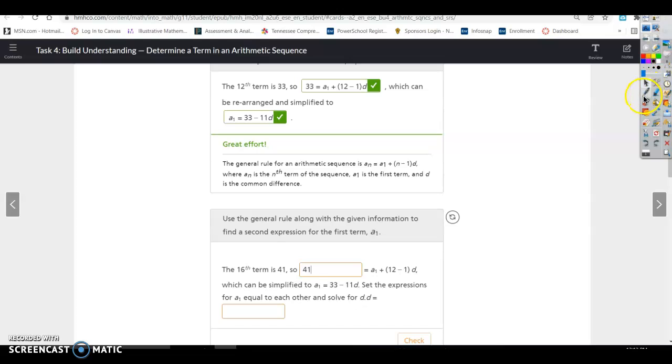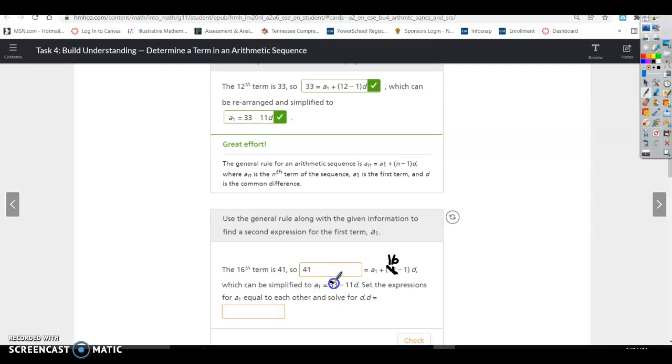equals the first term plus, instead of 12, this should be 16. All right, which can be simplified as a sub 1 equals 33. Again, they're using this number up here. They've got the two mixed up.